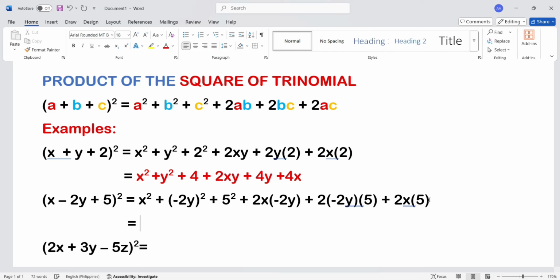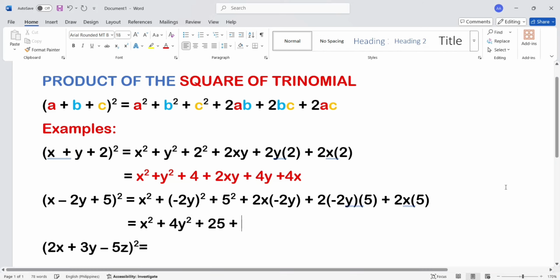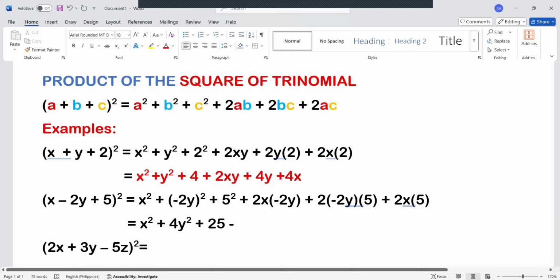So simplifying this, we have x squared plus negative 2y squared will give us 4y squared, plus 5 squared, which is 25, plus negative 2x times negative 2y, that will give us negative 4xy.